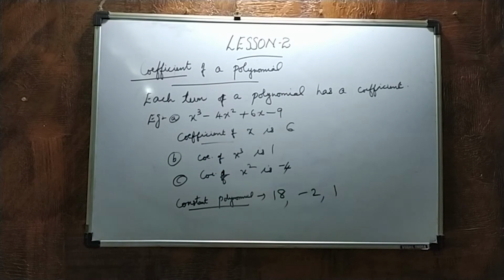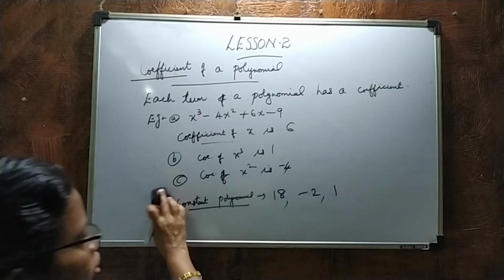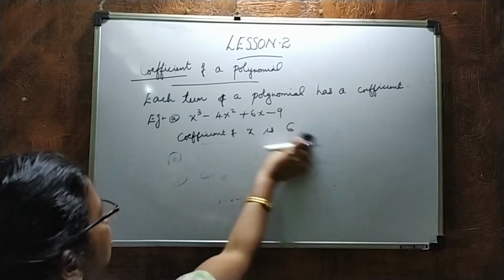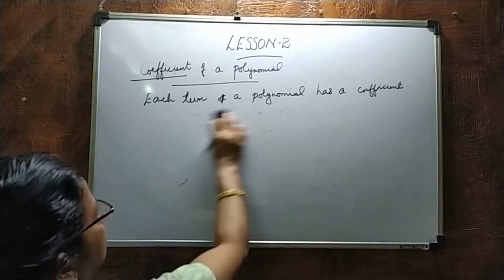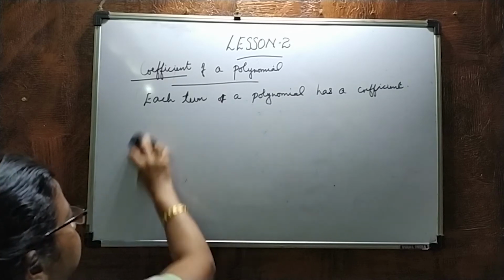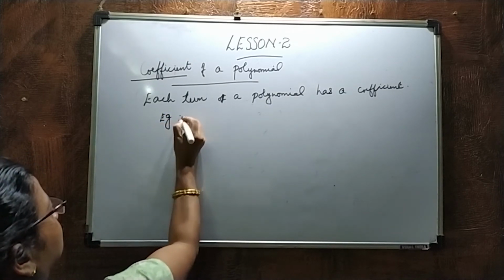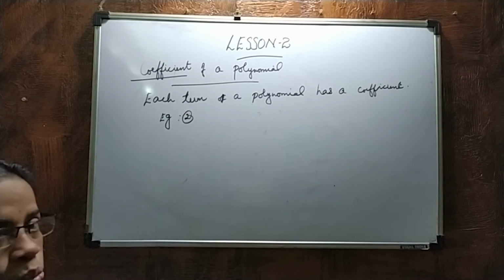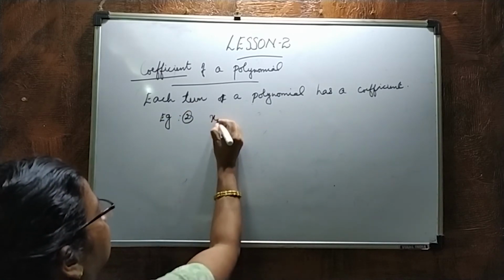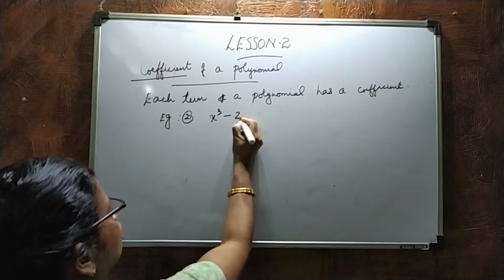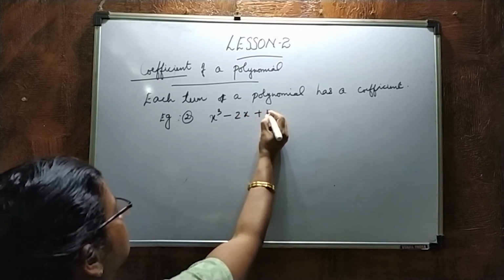Now again I will give one more example for the coefficient of a polynomial. All these things you have to write as notes. So second example. Example 2. Suppose you are taking x cube minus 2x plus 18.